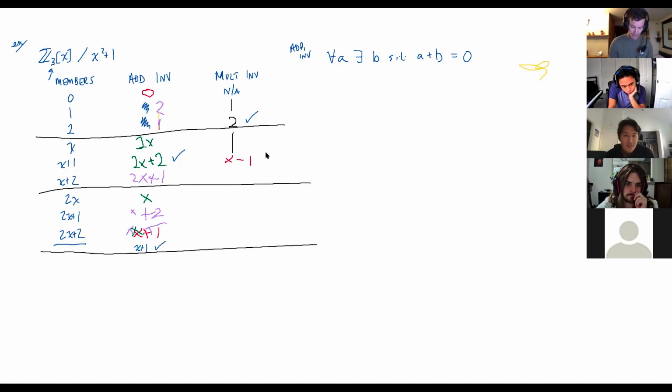Okay, so x minus 1, I'm just going to translate that. Minus 1 is equivalent to plus 2 in the integers mod 3. So x minus 1 is equivalent to what I'm going to write here, x plus 2. Good.